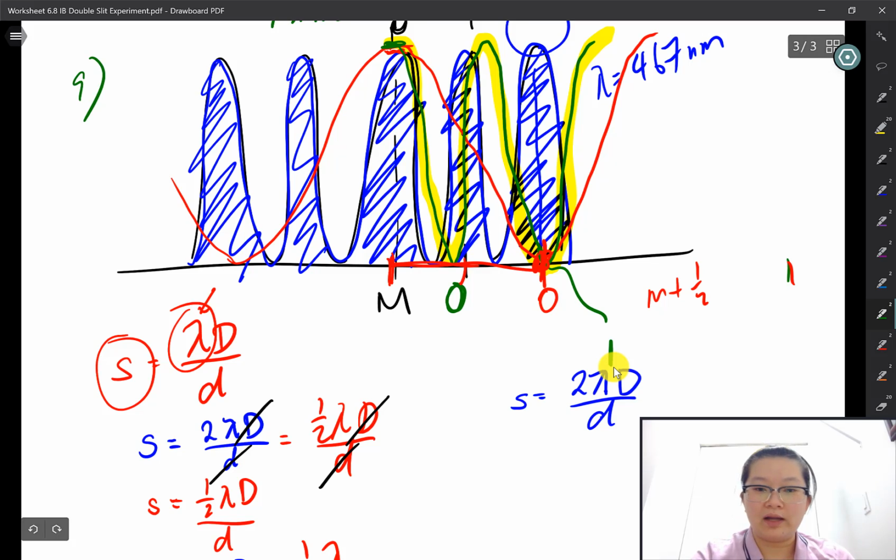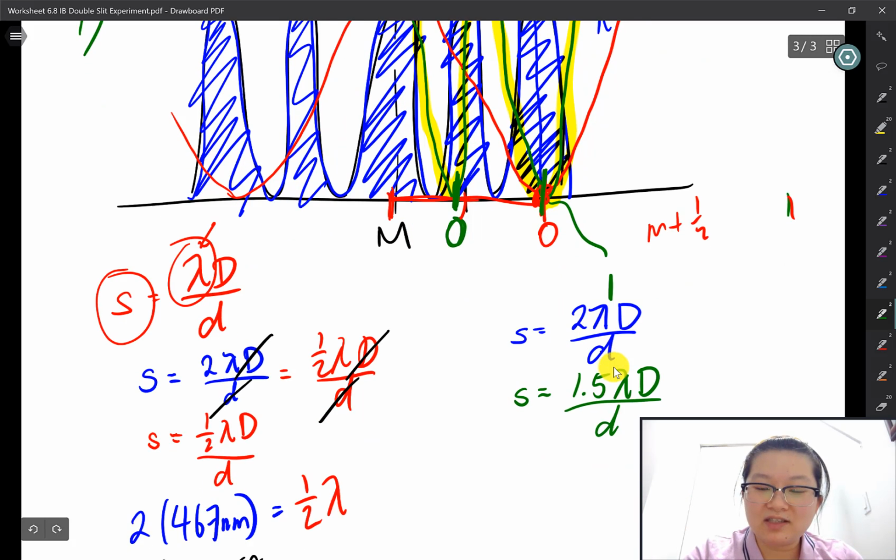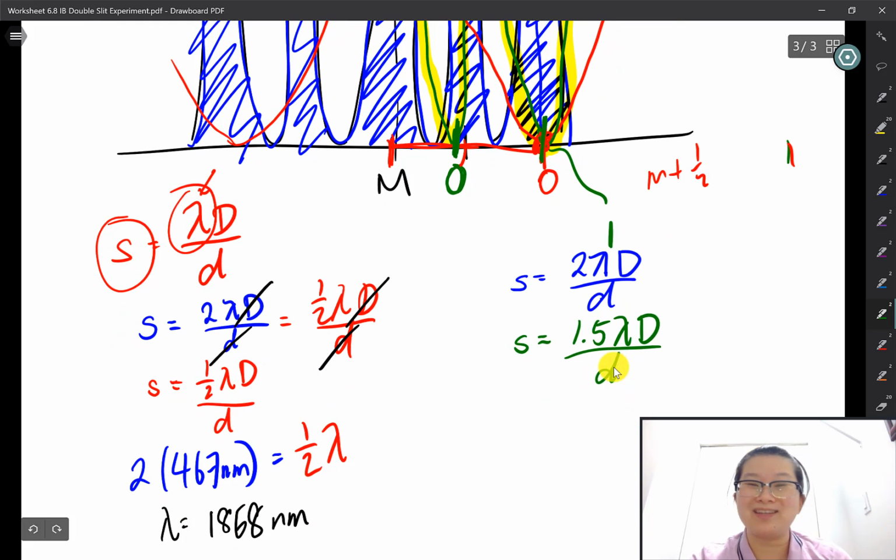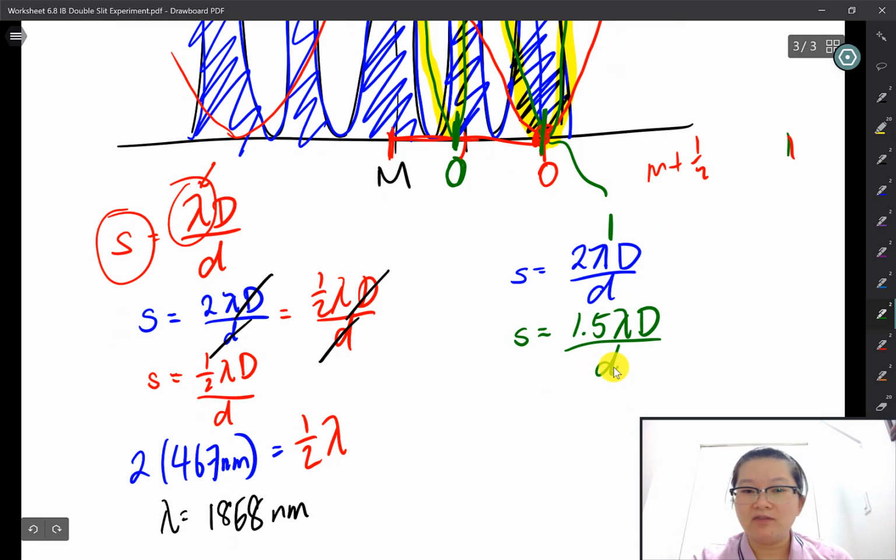However, for the green one, the same spacing is going to be not half a wavelength, but 1.5 wavelengths, times the same thing, everything else is the same. So the same spacing for the blue light is going to give us 2 full wavelengths. For the green one it is going to give us 0.5 of a wavelength because it's destructive interference.